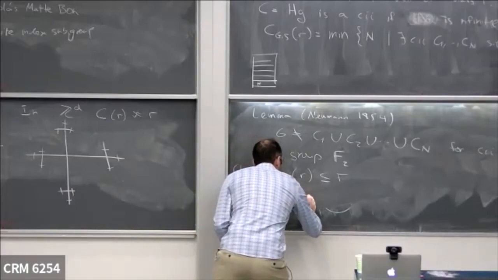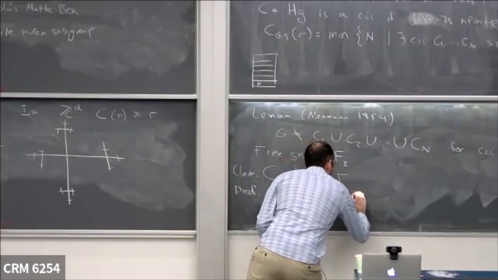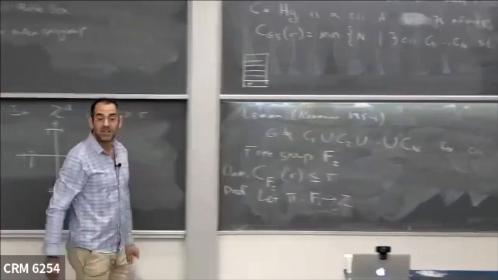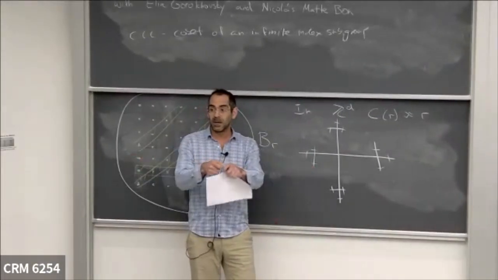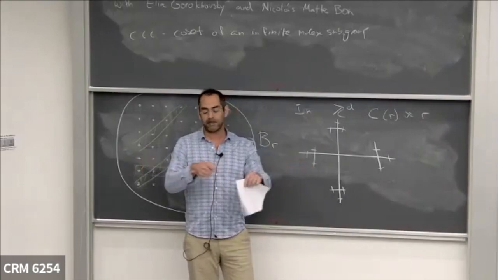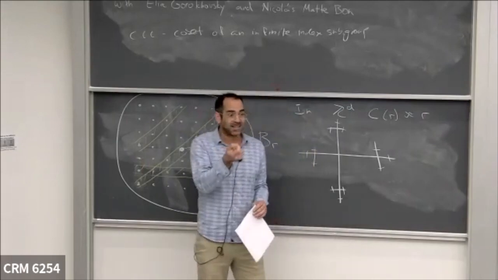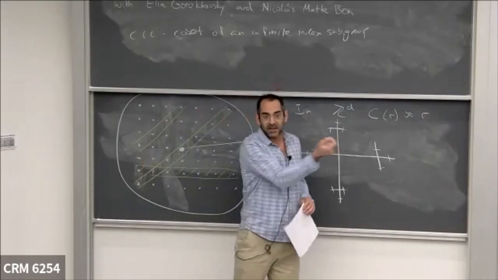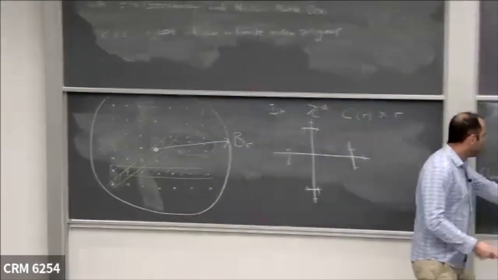We're going to look at a quotient from F2. In fact, we can just look at a quotient to Z. How do I cover Z with a linear number of cosets of infinite index? Well, the only infinite index subgroup of Z is the identity. The cosets are just singletons. So I just take singletons.